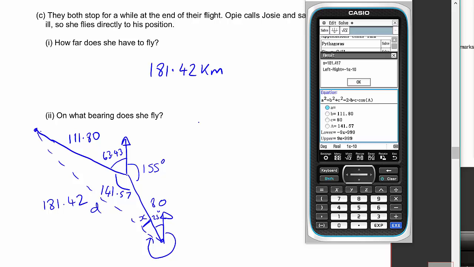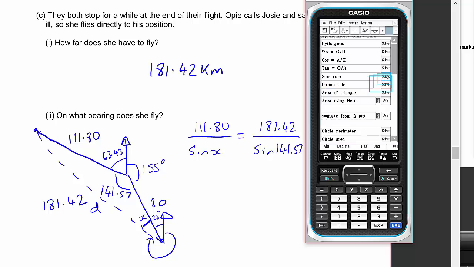So 111.80 over sine x is going to be 181.42 over sine 141.57.